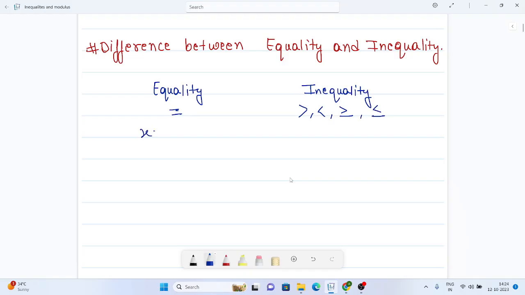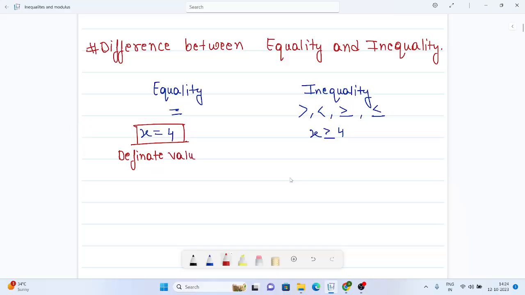Let's say we take one example, x equal to 4, and here we take x is greater than or equal to 4. So what answer do you get here? If the value of x is given, it means the value of x is 4. So here we got a definite value.